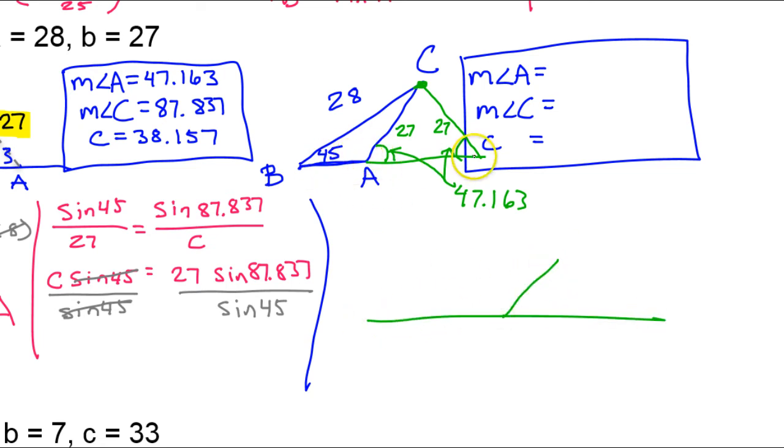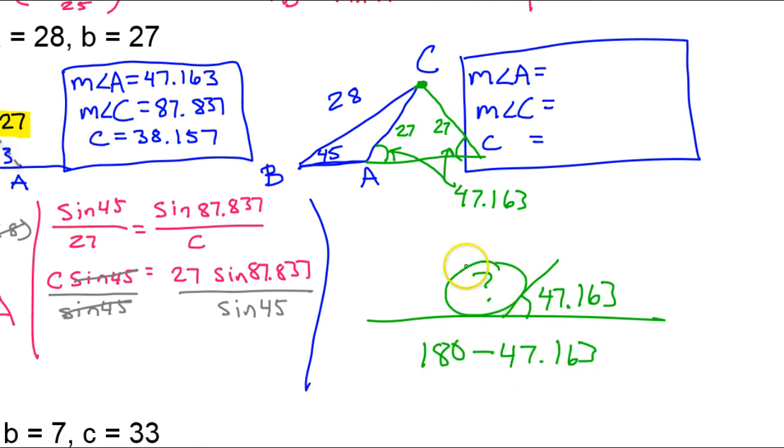Okay, see how this is a straight line all the way across and it's being split up into an acute angle and an obtuse angle. If the acute angle is 47.163, I should be able to find the obtuse angle by subtracting from 180. So I'm just going to do 180 minus 47.163, and that should give me the obtuse angle. That should give me angle A right here.